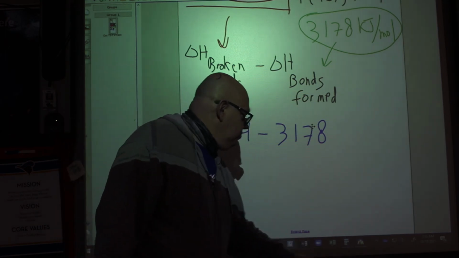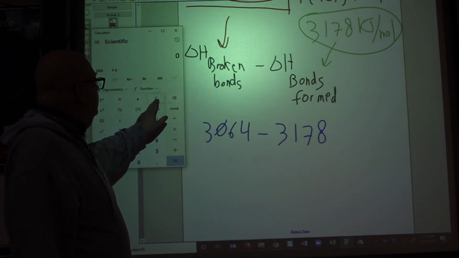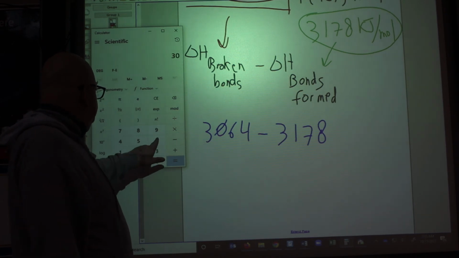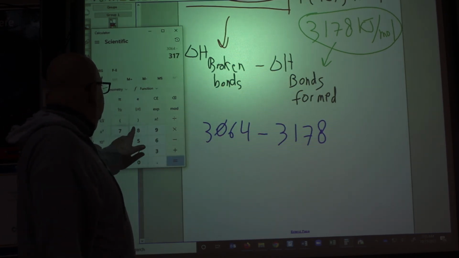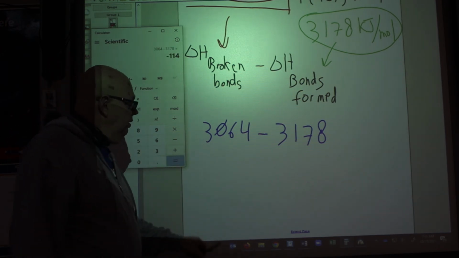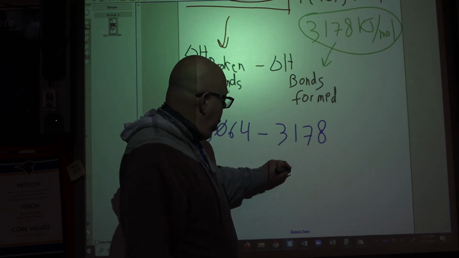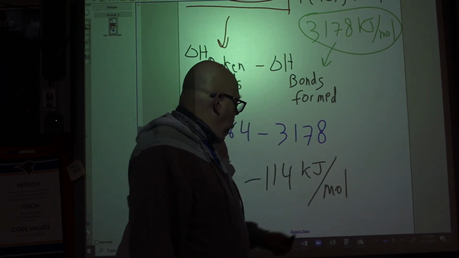All right. So looking at that, let's clear this, so 3,064 minus 3,178 equals negative 114 kilojoules per mole.